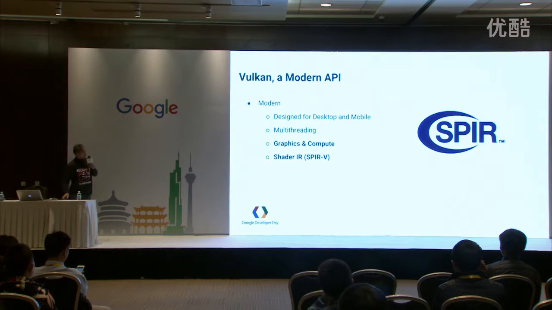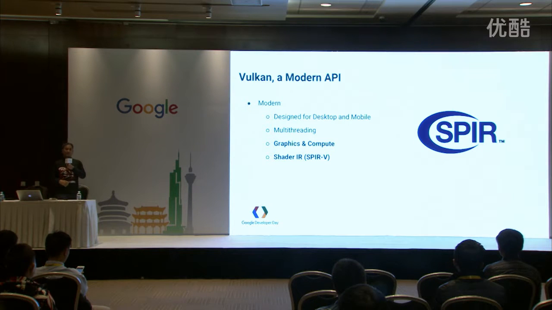But Vulkan only specifies the shader's intermediate representation. I won't cut too deep into that one. It is lower level than a GLSL shader, and it can be compiled offline. You don't have to compile at runtime.